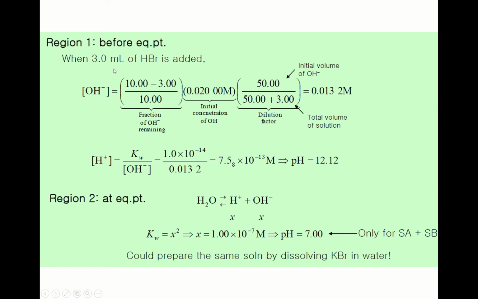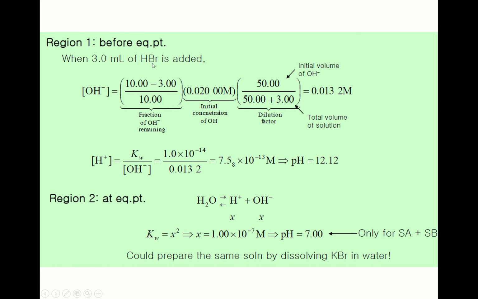Since 3 ml of HBr was added, 3 ml of potassium hydroxide has reacted with HBr. What is the remaining volume of potassium hydroxide? Yes, 7 ml, and 7 ml times the original concentration gives the moles of hydroxide remaining in solution after adding this volume of HBr.